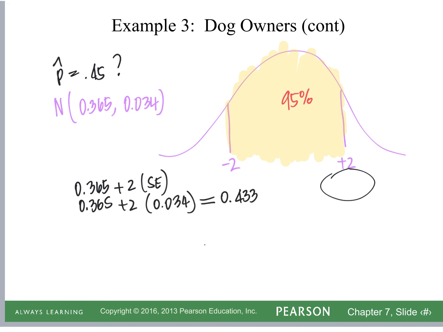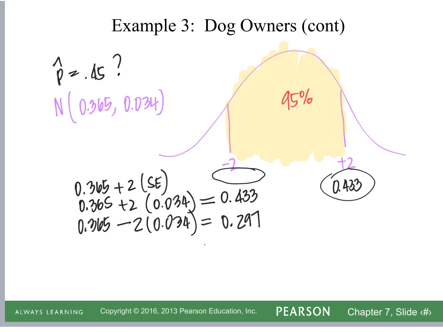So when I calculate, I get 0.433, and that tells me that 2 standard errors above the mean is 0.433, and I can get the marker on the lower tail as well by taking 0.365 and subtracting 2 standard errors. And when I do that, I get 0.297.